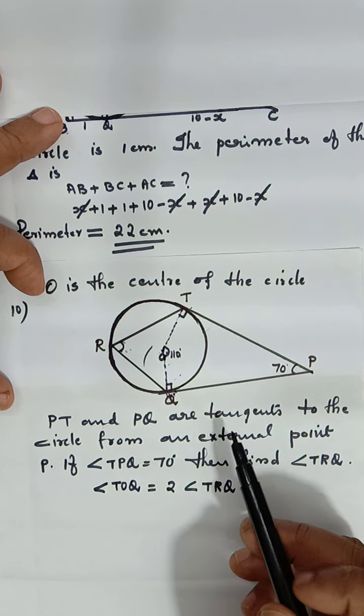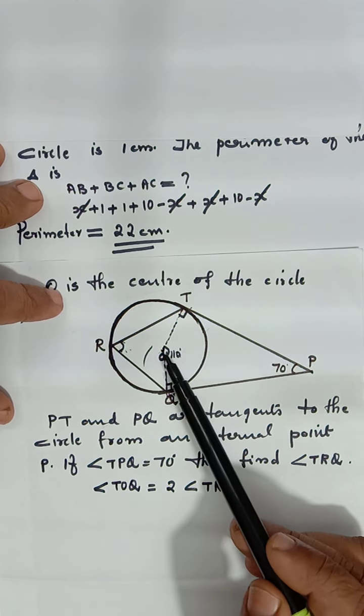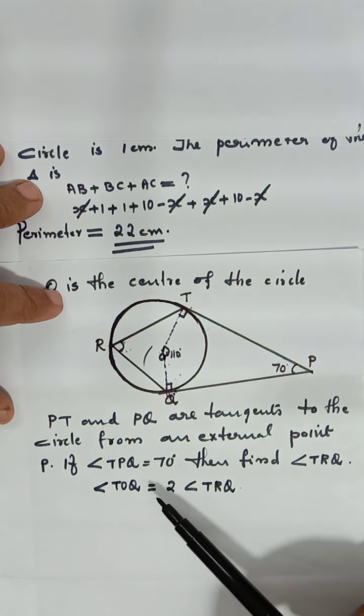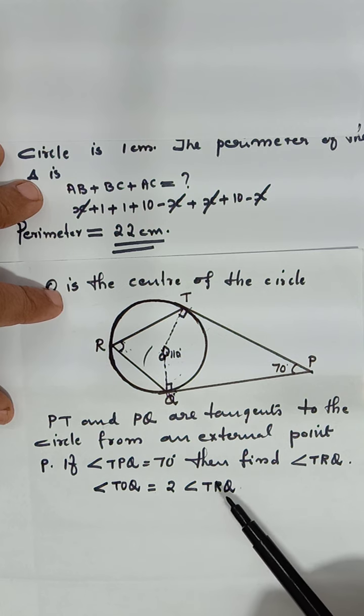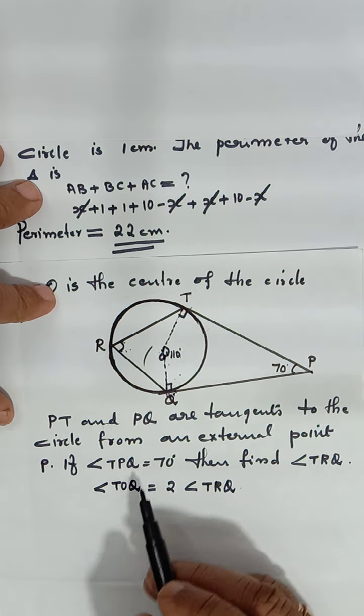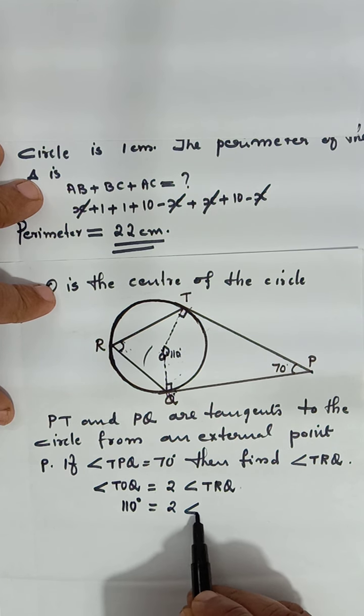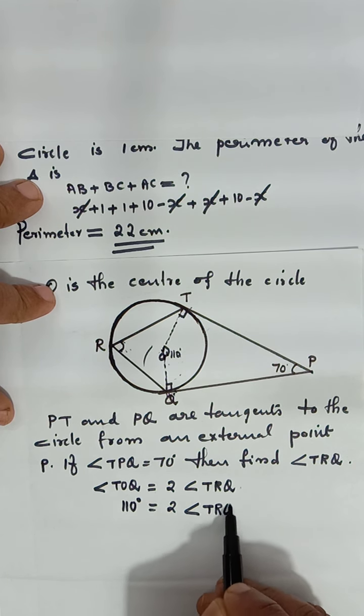That is a theorem you have learned in 9th standard. The angle subtended by an arc at the center, TOQ, is double the angle subtended in the remaining part of the circle. So TOQ is 110, 2 times TRQ.